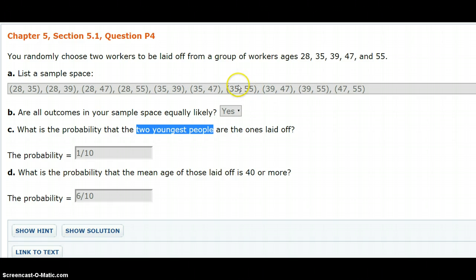For 35 and 55, I know the halfway point is 45, which is over 40, so that one's okay. Here, it's a little harder to tell, but I noticed that 41 is 6 above this and 6 below this, so this one is also average age 40 or more. This one is not, and I could have counted that right away as not because both of them are less than 40.